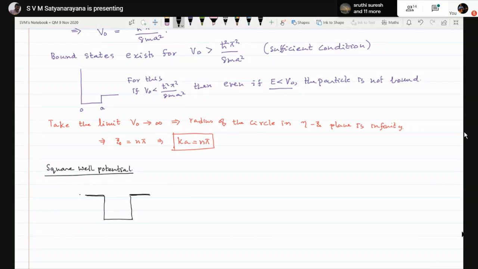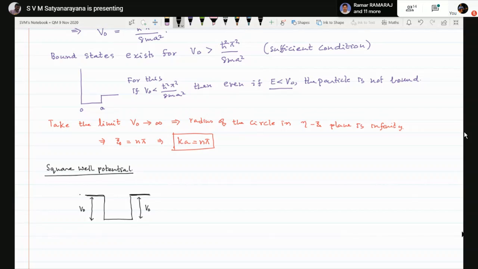So maybe I take this also as V naught and this also as V naught. What is the difference between this and the previous problem? One side there was an infinity at least there. Now both sides it is finite. So this is like a square well potential, correct?